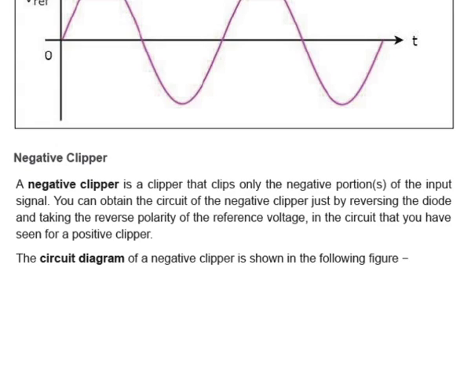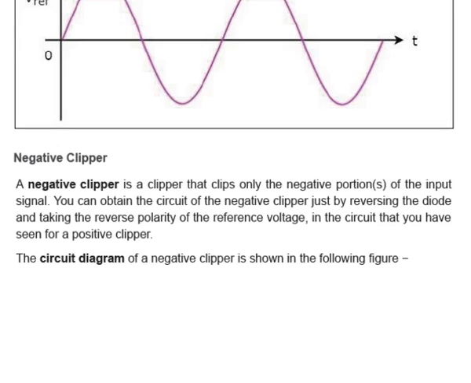Next, the negative clipper. A negative clipper is a clipper that clips only the negative portion of the input signal. You can obtain the circuit of the negative clipper just by reversing the diode and taking the reverse polarity of the reference voltage.